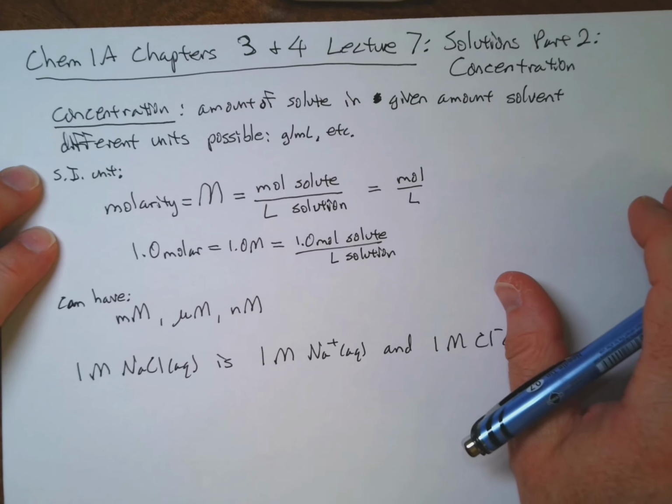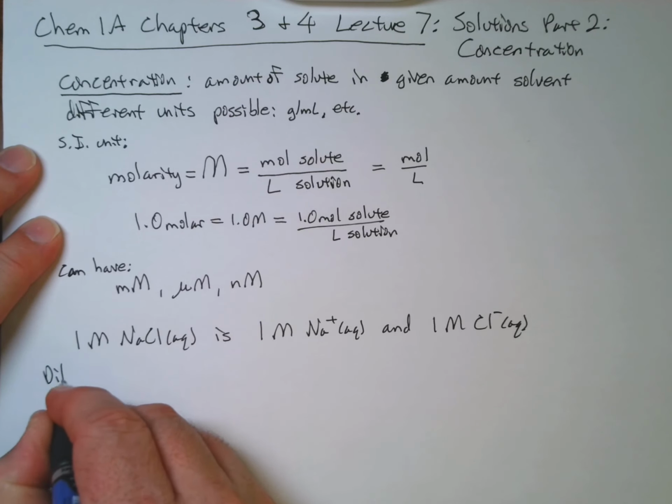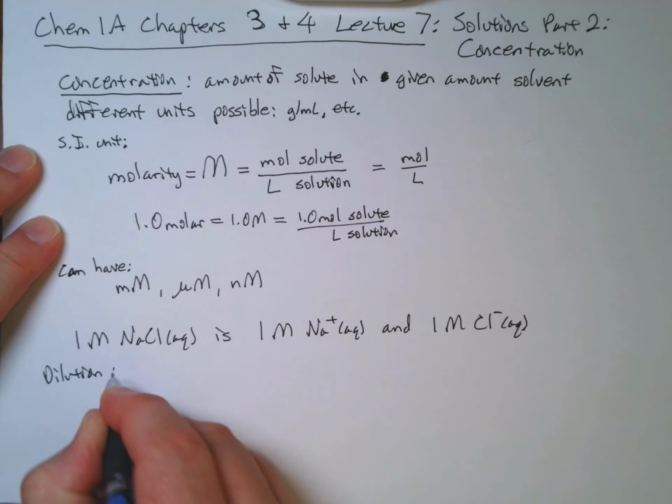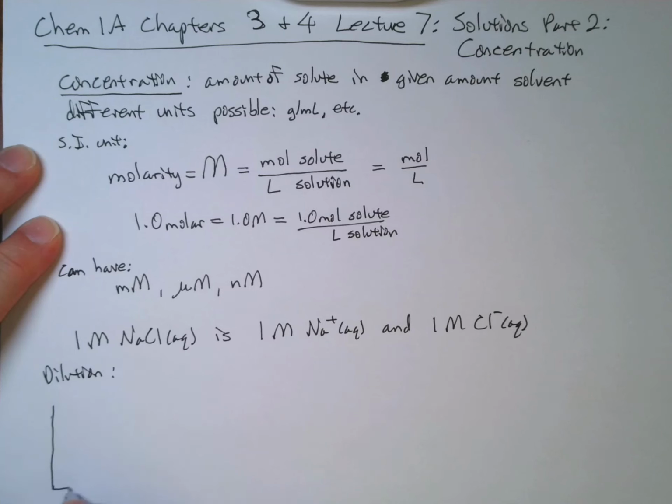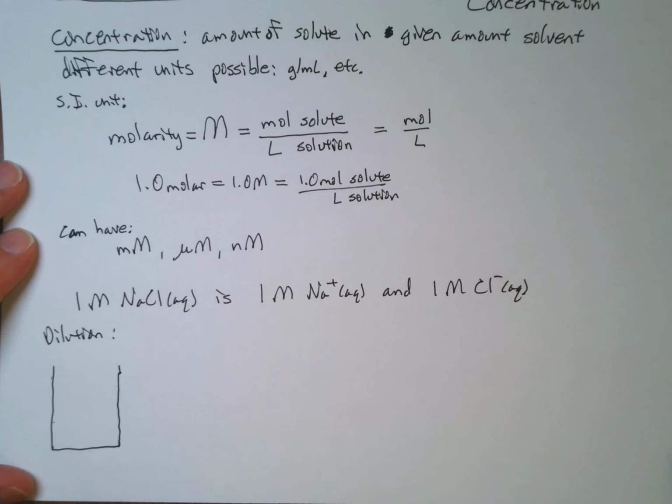Let's say we want to do a dilution. We will have our beaker with some amount of solution in it, and we have 1, 2, 3, 4, 5 moles, let's say.